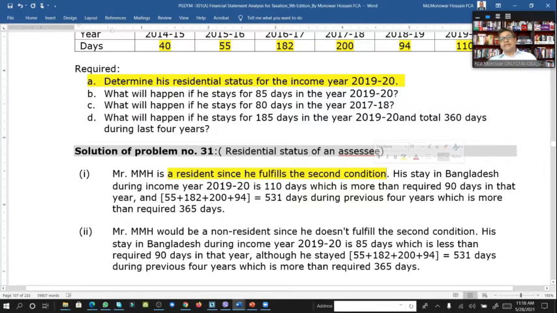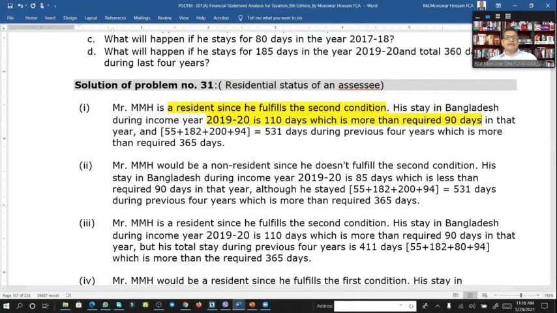The second condition is that his stay in Bangladesh during the income year 19-20 was 110 days, which is more than the required 90 days. So it's okay. And in the last 4 years, that means 55 days to 94 days, 531 days during the previous 4 years, which is more than the required 365 days.